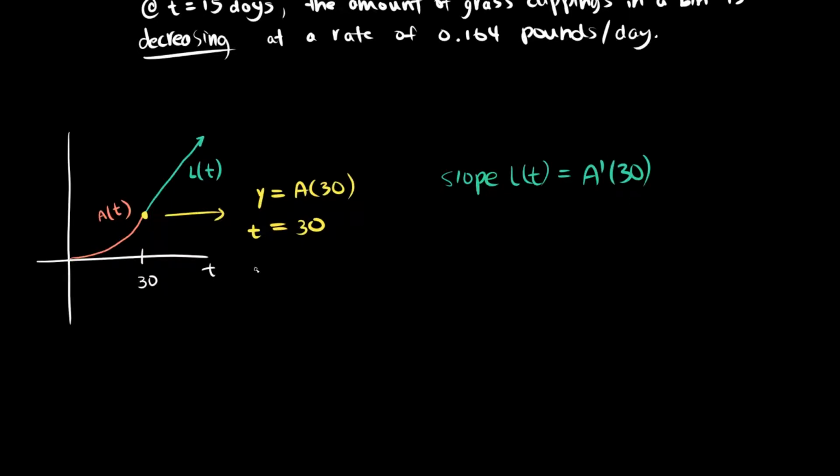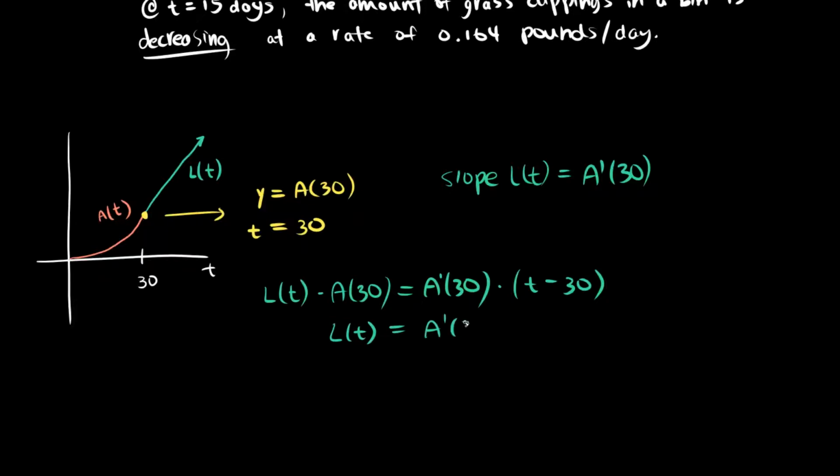So now we can write this in point-slope form. L of t minus the y value A of 30 is equal to the slope A prime of 30 times x, or t, minus the t value, minus 30. And we can rewrite this as L of t is equal to A prime of 30 times t minus 30 plus A of 30.